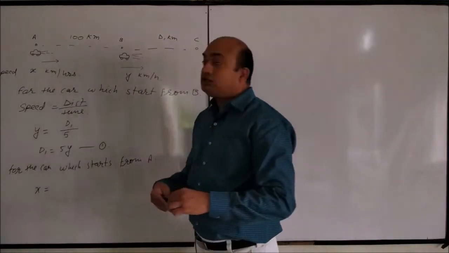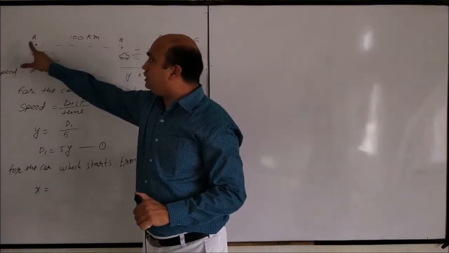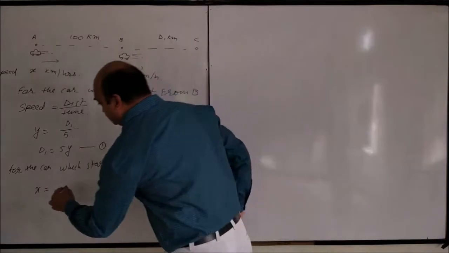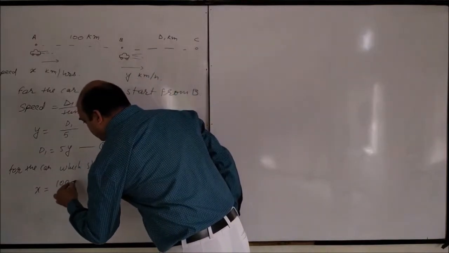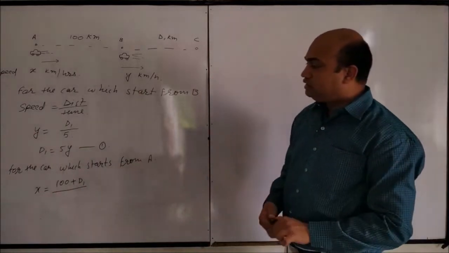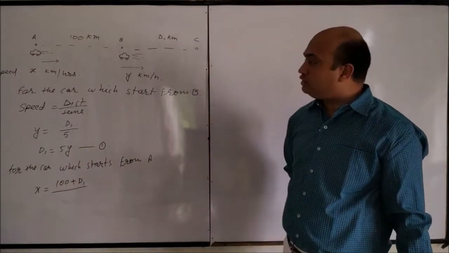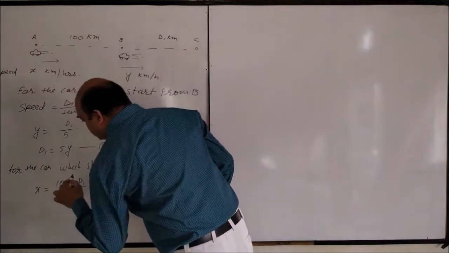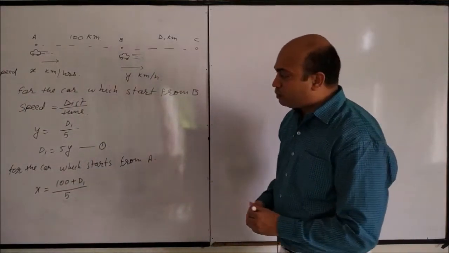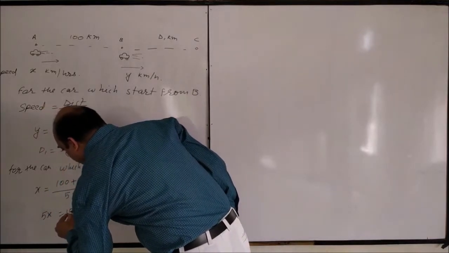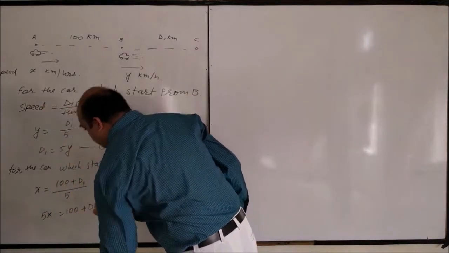The total distance traveled from here to here is 100 plus d1 kilometer, and the time it required is the same, 5 hours. So it will become 5x is equal to 100 plus d1.